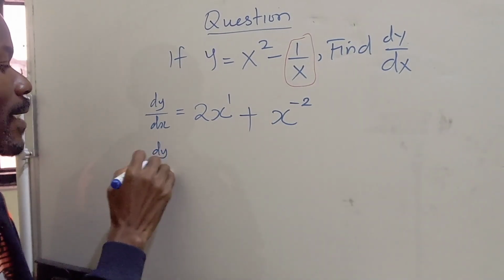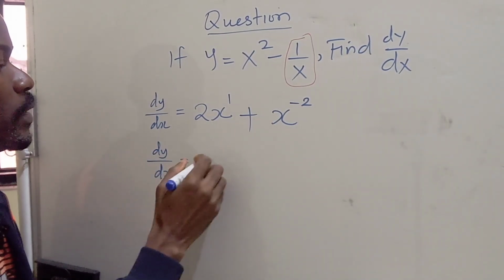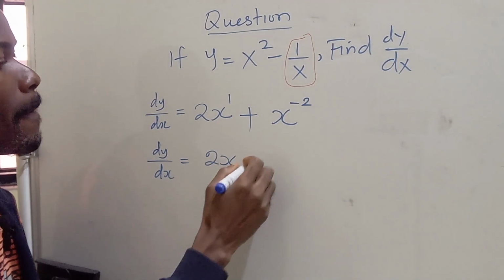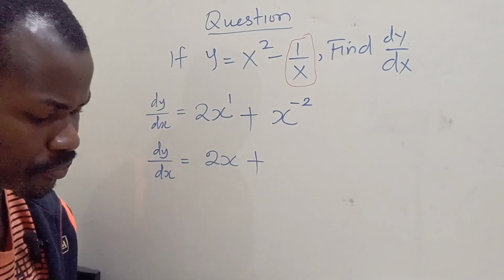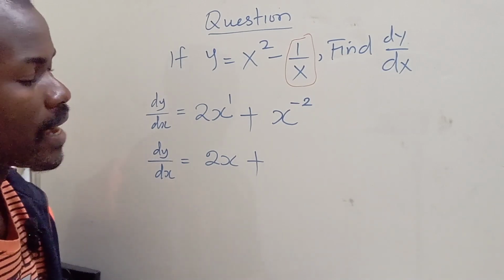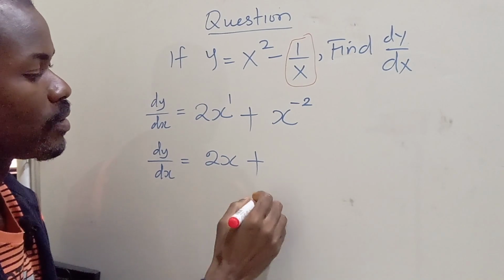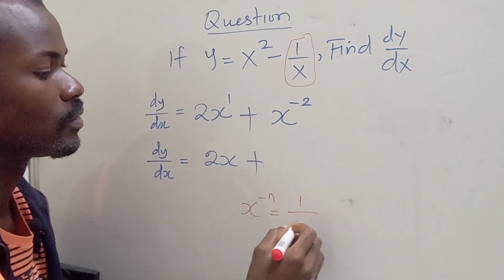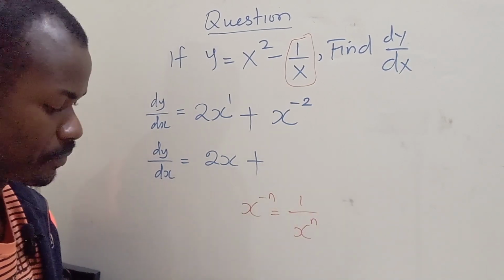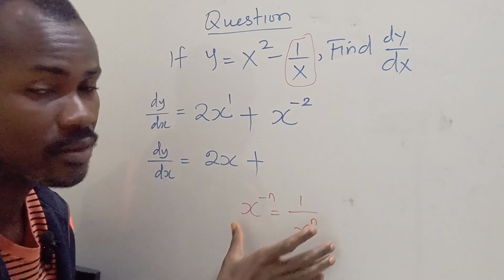Now let's simplify further to see what we are going to get. So our dy over dx is going to be 2x plus, now from indices, I know if I have x raised to power minus n, it can be written as 1 over x raised to power n. This is the inverse law of indices.